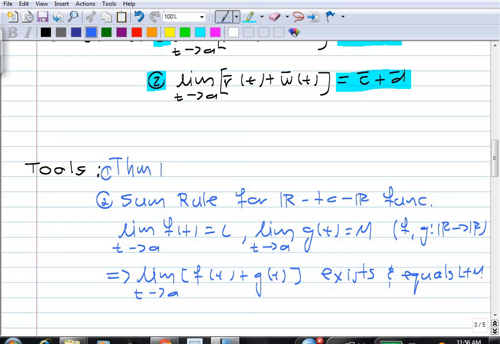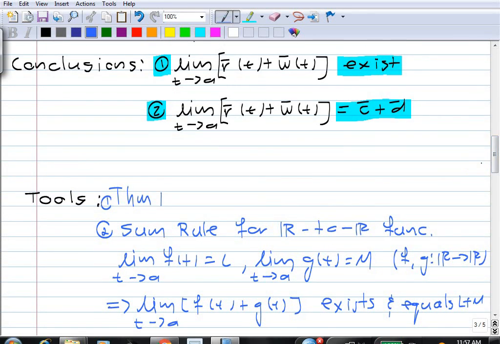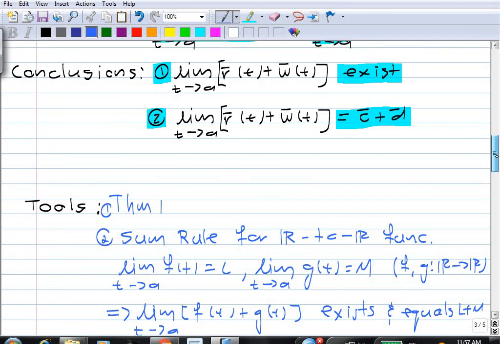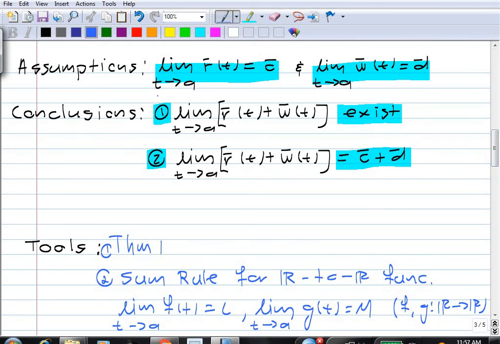So these are the two things we have at our disposal, the tools we can use. So let's just look again. Our assumptions, the things that are given in the theorem to be true, and we have our tools. These we can use to get from the assumptions to the conclusions.